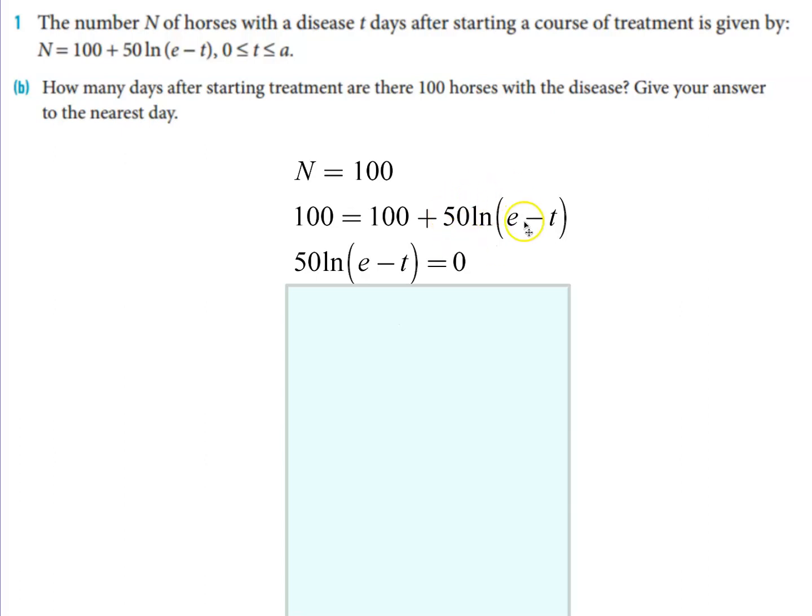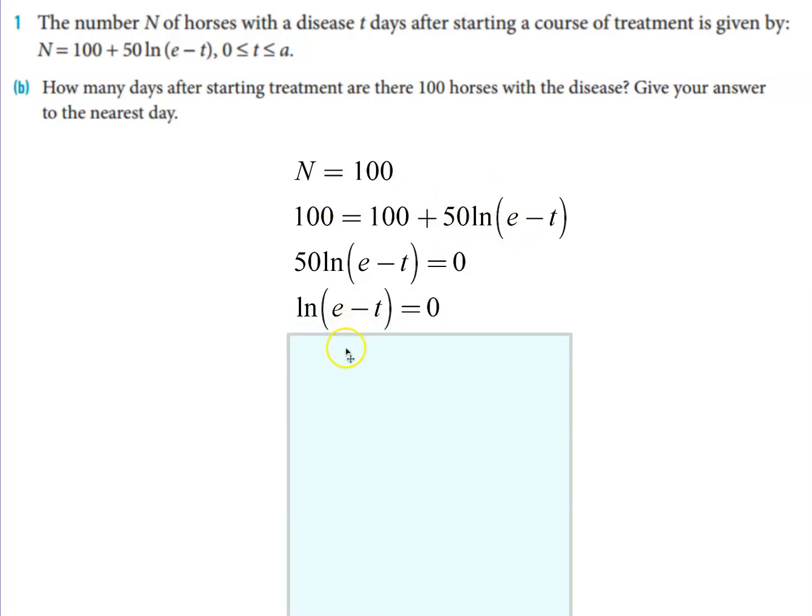I've also written the natural log on the left-hand side. Then I divided both sides by 50. Notice if you have an equation like this where there's a 0 on that side and a coefficient out the front, you can just get rid of it because you divide both sides by 50, and you end up with the same equation without the coefficient.